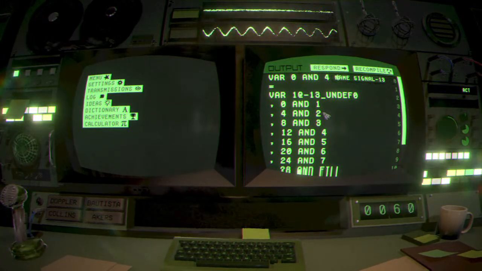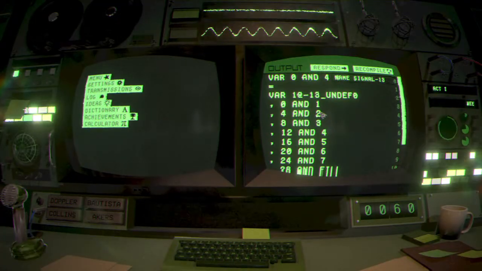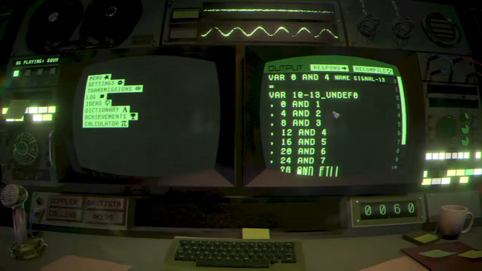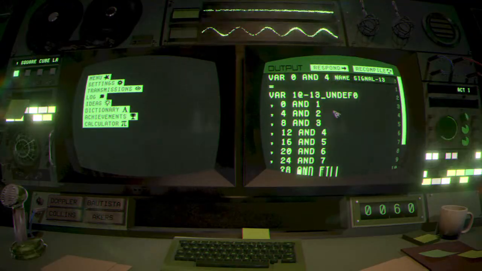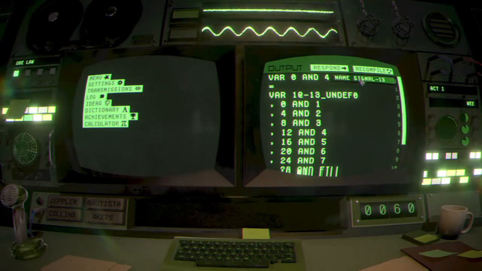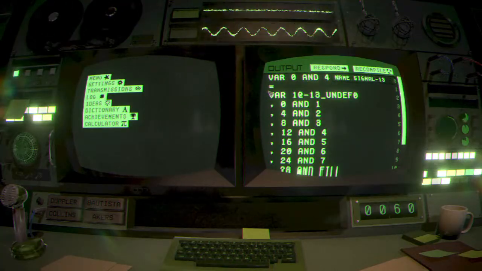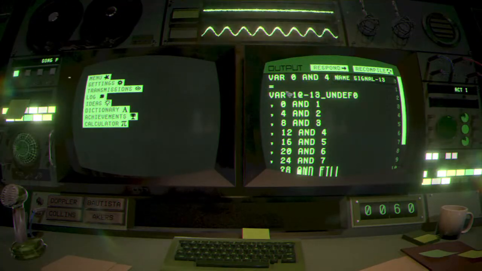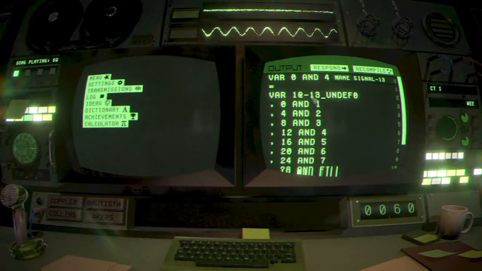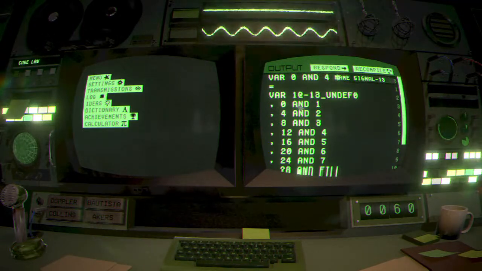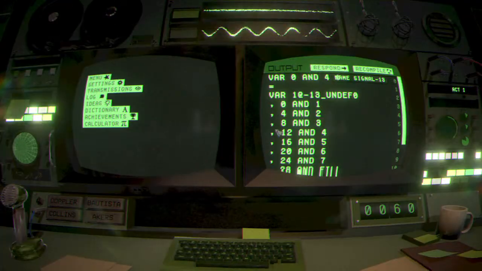So this is something. There's a new signal. There's variable 0 and 4 equals variable 1 and this signal. 0 and 1, 4 and 2, 8 and 3, 12 and 4.